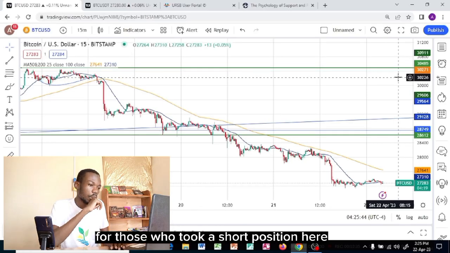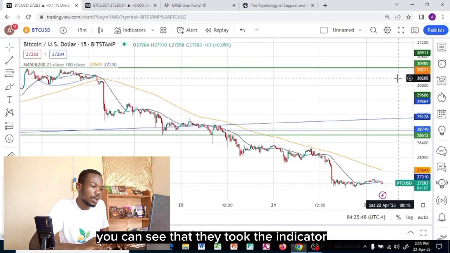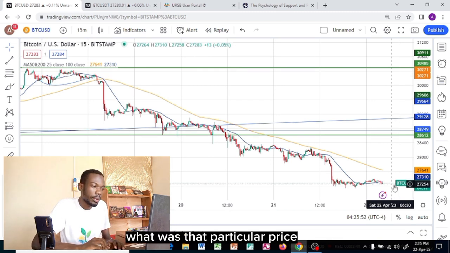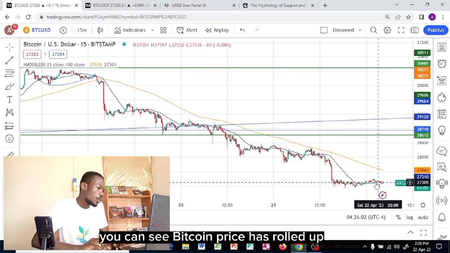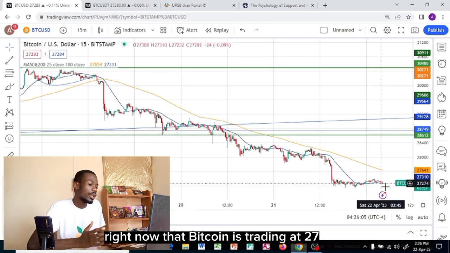For those who took a short position here after following this indicator, you can see the price at which they shorted. The indicator gave the signal at 30,200. Bitcoin has rolled down and is now trading at 27,000.